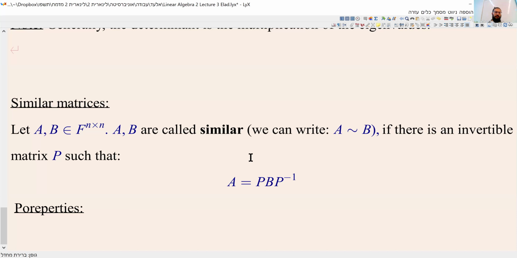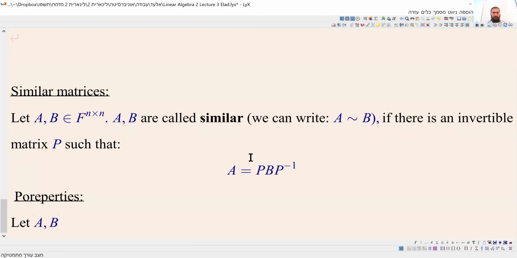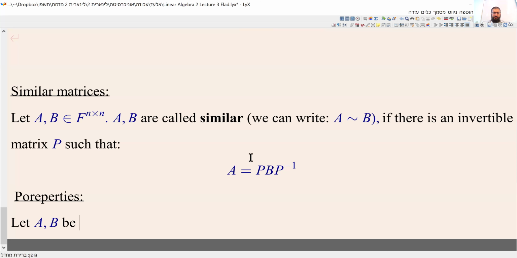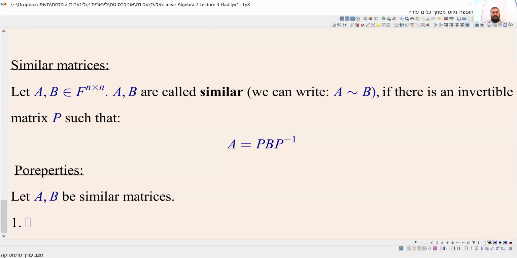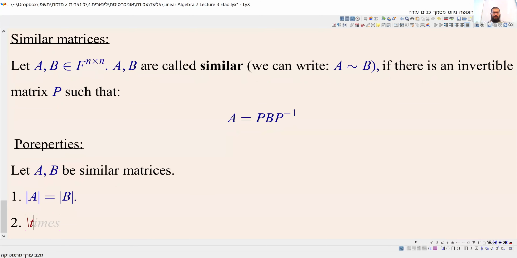Properties of similar matrices. Okay, let A and B be similar matrices. First of all, similar matrices have the same determinant. Secondly, they have the same trace.